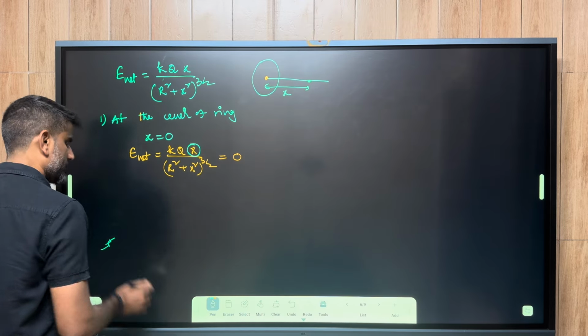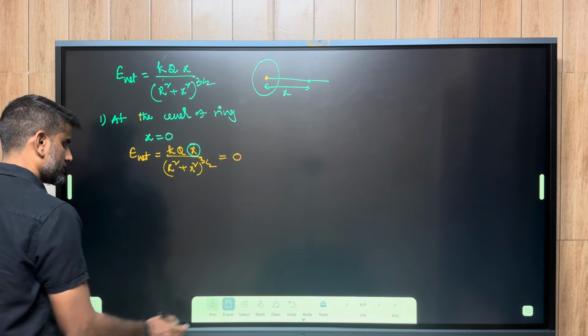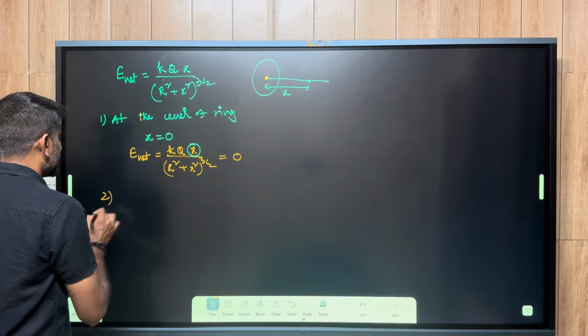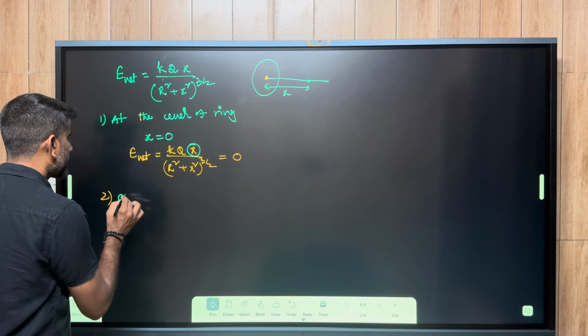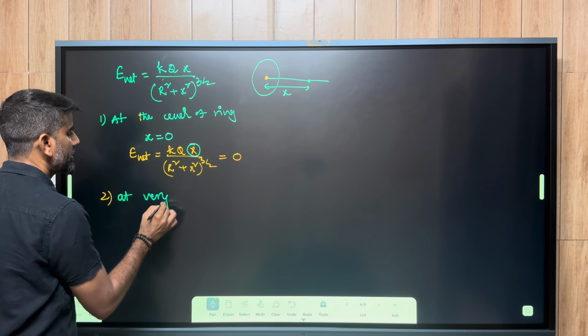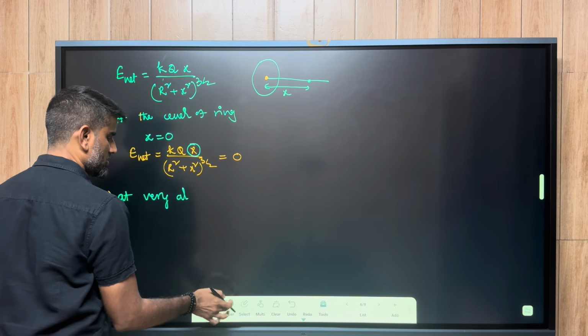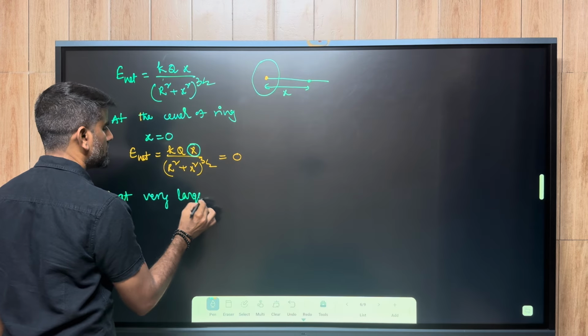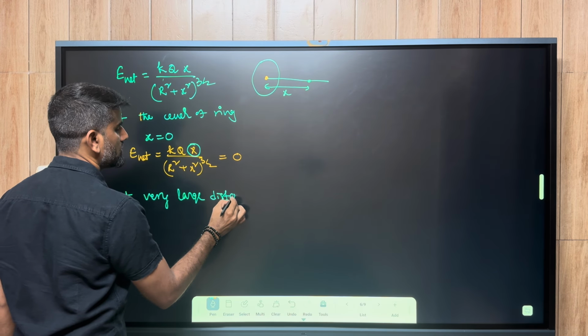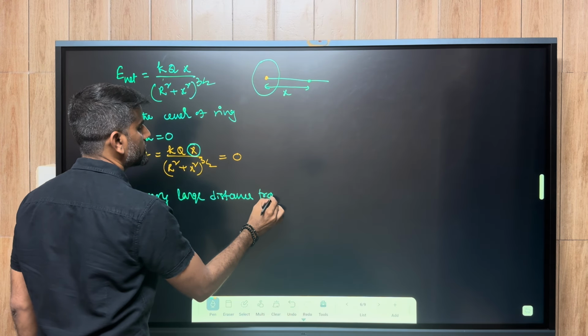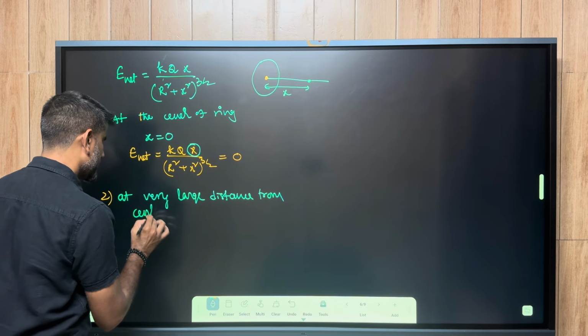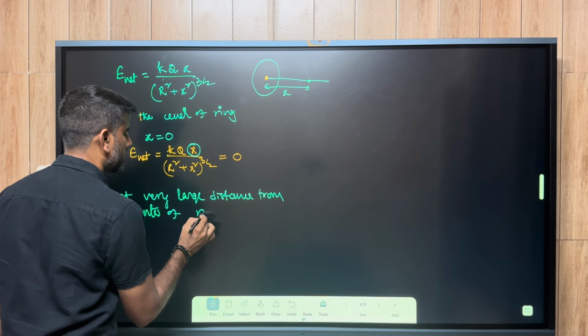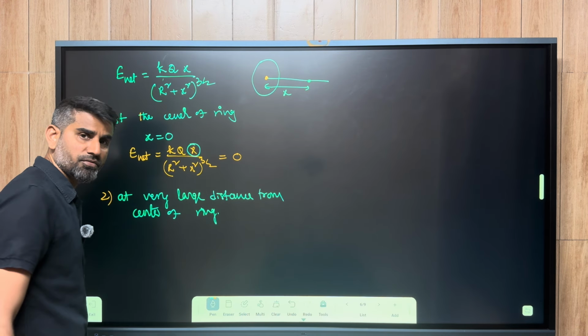Now let us look at the other case. The second one: at a very large distance from the center of the ring.